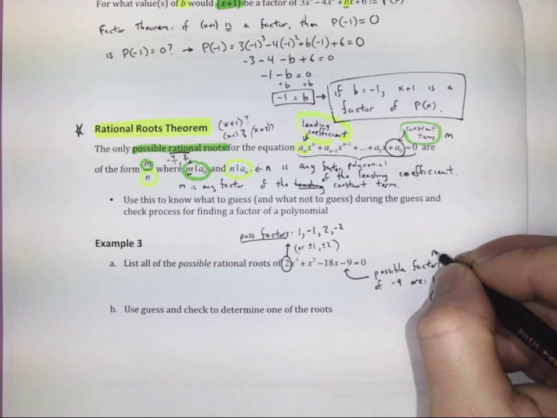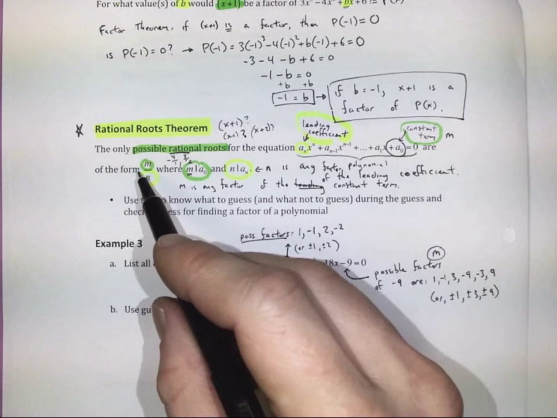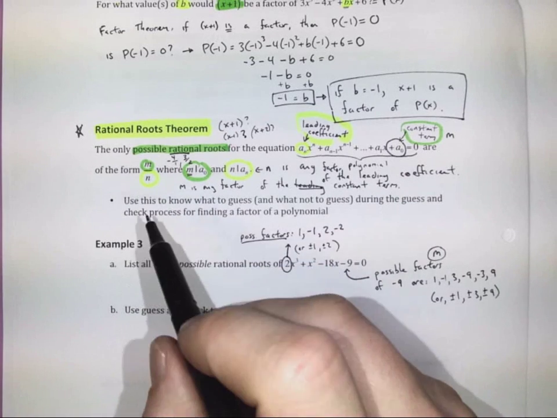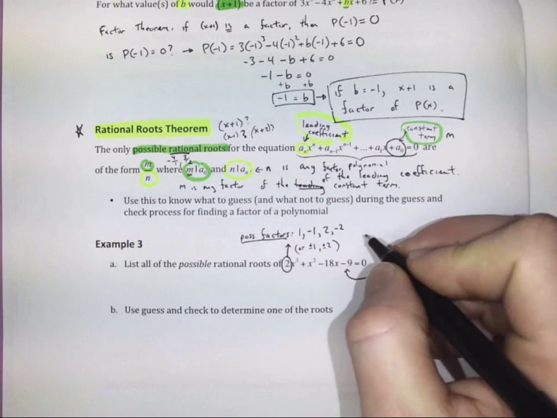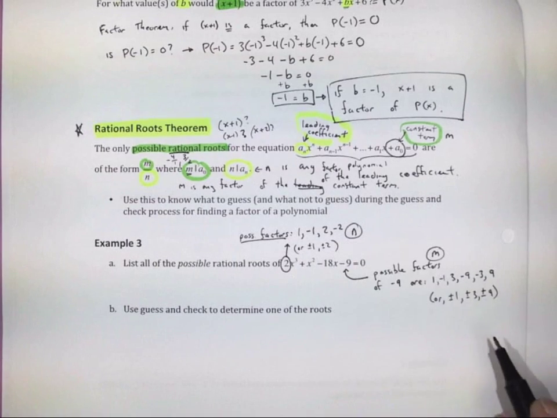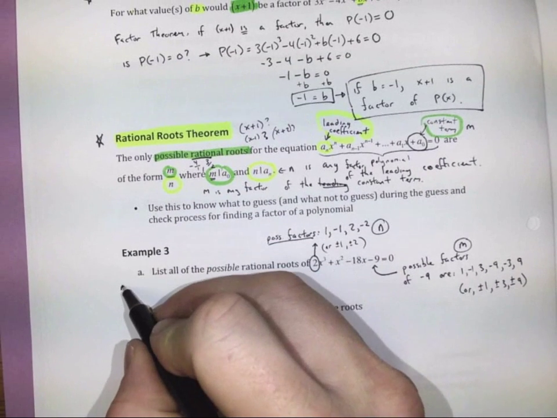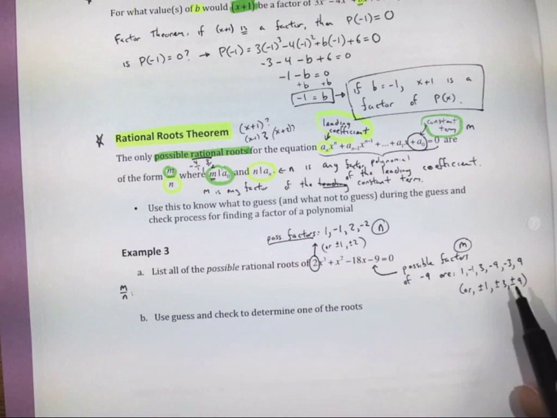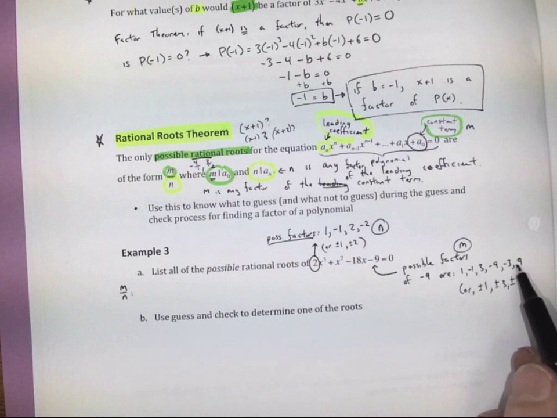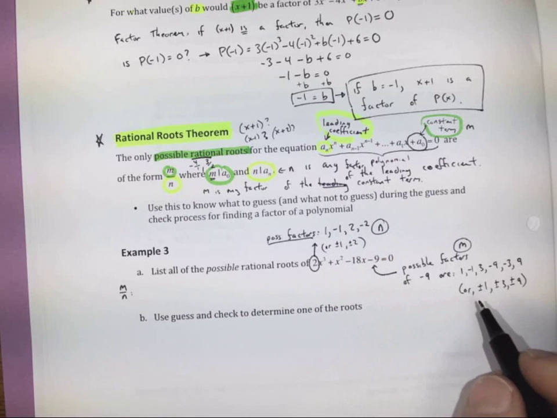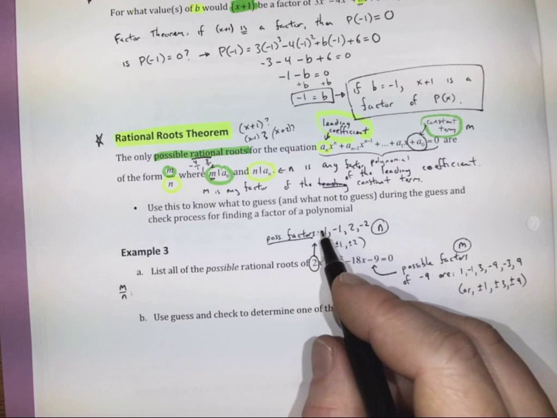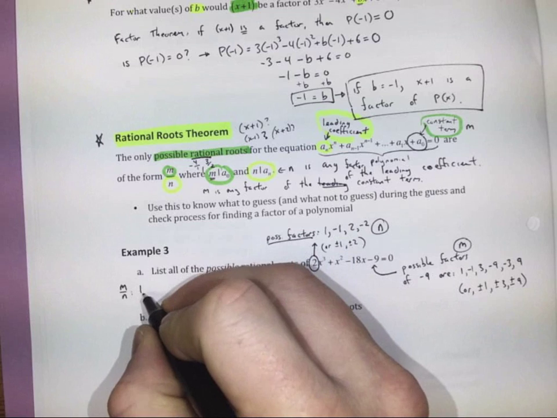So these are our m's, divided by any possible factor of the leading coefficient. So these are our n terms. So if we're looking at m over n, we're looking at any of these guys over any of these guys. So I'm going to start with 1 over +1. Okay, so that's just the value 1.